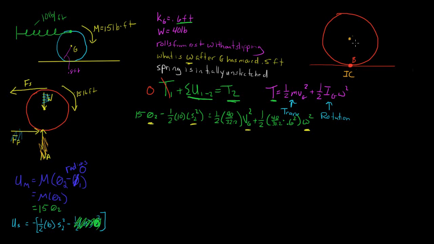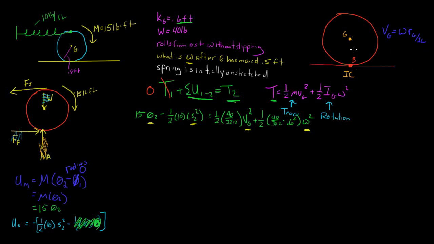And we know my center of mass is right here. And we can relate the velocity of my center of mass to my angular velocity using methods of instantaneous centers. So the velocity of my center of mass is going to be equal to my angular velocity times the distance of my center of mass with respect to my instantaneous center.